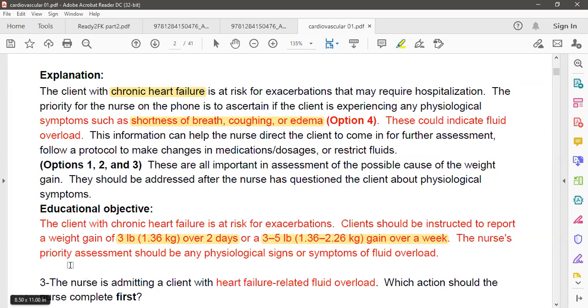The nurse's priority assessment should be any physiological sign and symptom of fluid overload. So shortness of breath or retention of fluid like edema both indicate fluid overload.